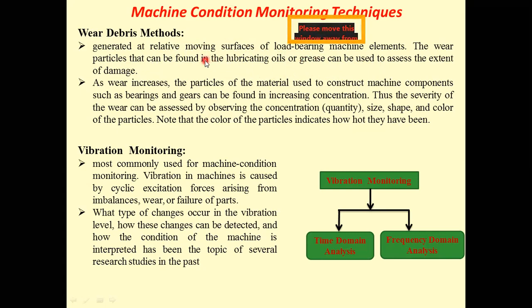So the number of wear particles and the size of wear particles, depending upon the various particle sizes and numbers, we can assess the extent of damage, how that bearing or that gear will be damaged.